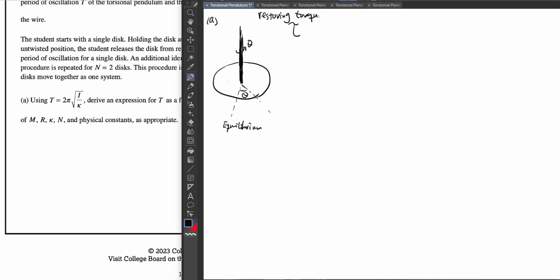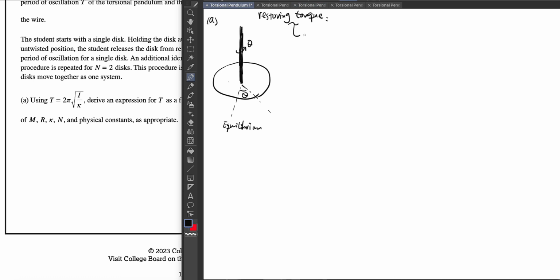So this one is similar to the simple spring system where we compress or stretch a spring. The spring will try to go back to its original position, original length, and that is called the restoring force. But now for rotation, we will say it's the restoring torque.